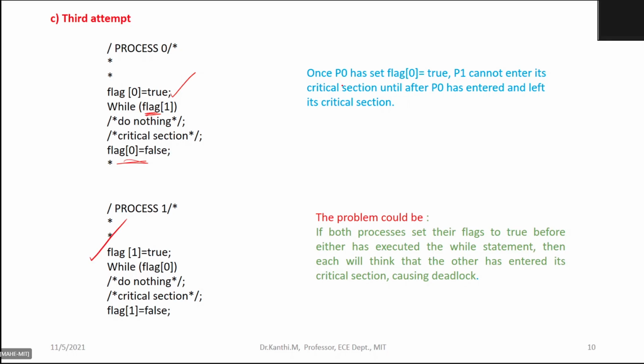So once P0 has set flag 0 to true, P1 cannot enter its critical section until P0 has entered and left its critical section. So that is the improvement. But the problem could be that both processes set their flags to true before either has executed the while statement, then each will think that the other has entered its critical section.